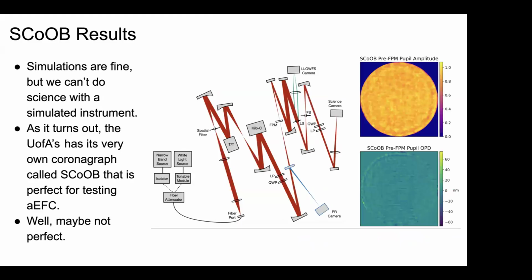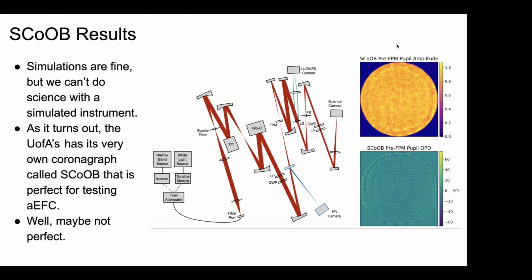So finally, after doing a bunch of simulations, we turn to: does this actually work on a real instrument? As it turns out, we have a coronagraph right here called SCoOB, and it is perfect for testing aEFC. Well, maybe not perfect, because it's actually very tedious to get the measurements you want and calibrate the instrument model to then actually deploy aEFC.